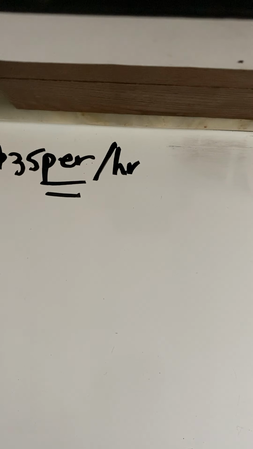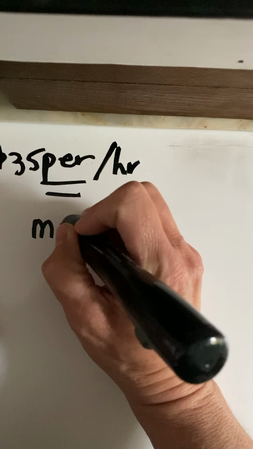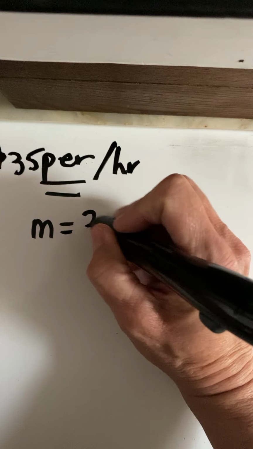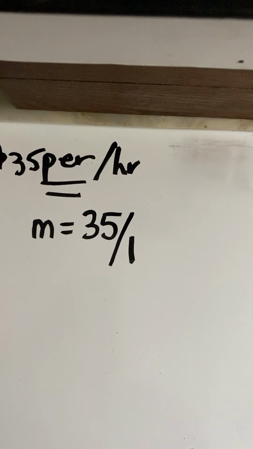So that means it's going to be the slope. It's going to be a rate. Miles per hour is a rate. Dollars per hour is a rate. Slope is a rate. So that's their way of saying when you see that word per, the slope is 35. It's 35 over 1, but we would just write that as 35.